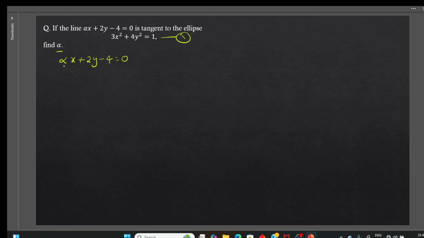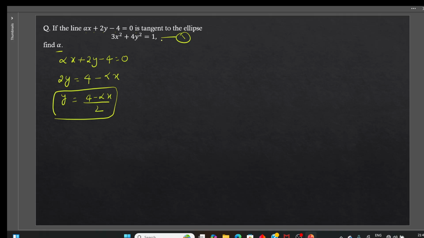Now this line equation alpha x plus 2y minus 4 is equal to 0. Simplify this, we get 2y is equal to 4 minus alpha x, and y is equal to (4 minus alpha x) by 2.